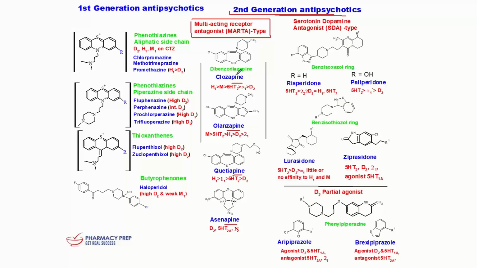Let's begin with the first one, which is called clozapine. Clozapine is a very popular drug, one of the most effective drugs of second generation drugs. However, it has a limitation in use just because it has a very rare but very serious side effect of agranulocytosis.